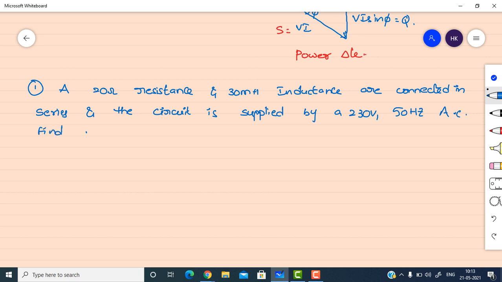Find first one, reactance across the inductance or across the inductor. Next, impedance.